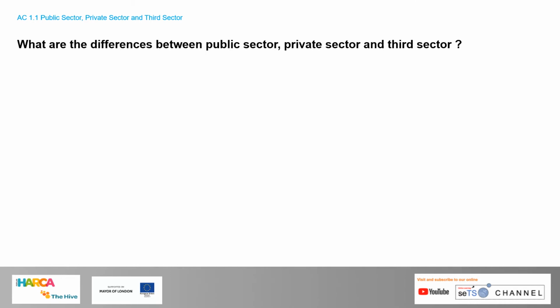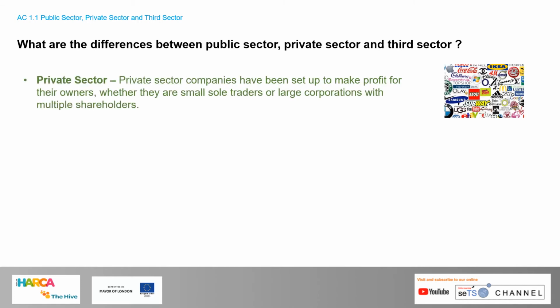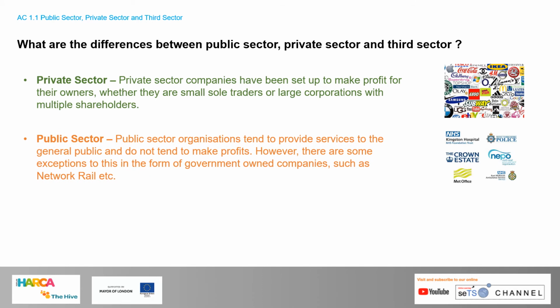What are the differences between public sector, private sector and third sector? Private sector. Private sector companies have been set up to make profit for their owners, whether they are small sole traders or large corporations with multiple shareholders. Public sector. Public sector organisations tend to provide services to the general public and do not tend to make profits.